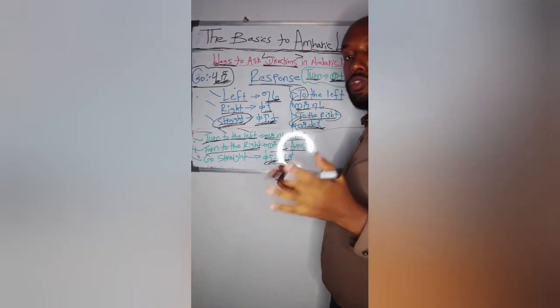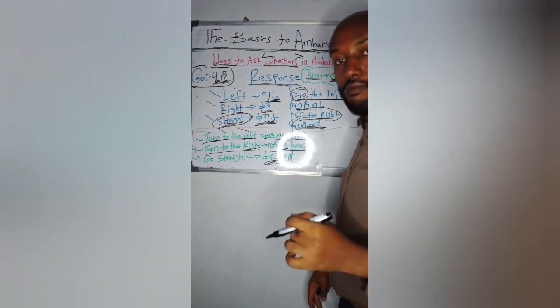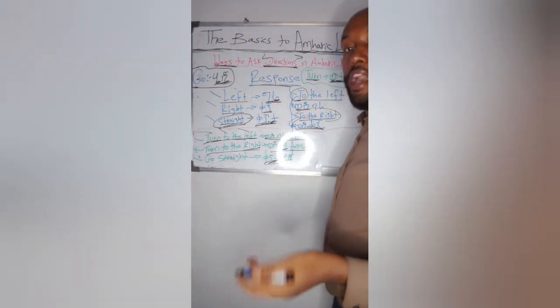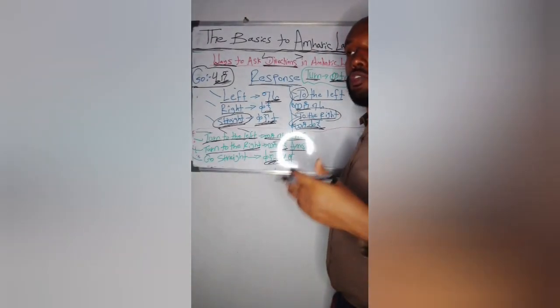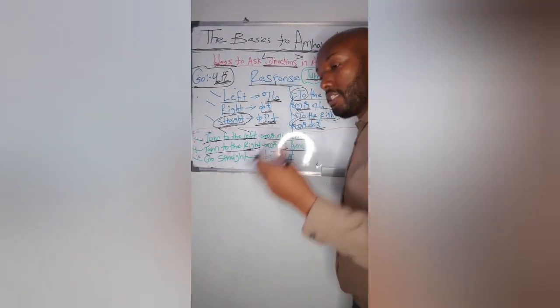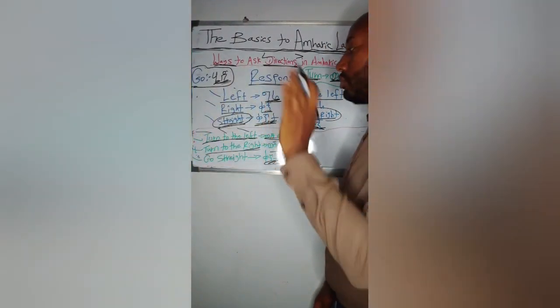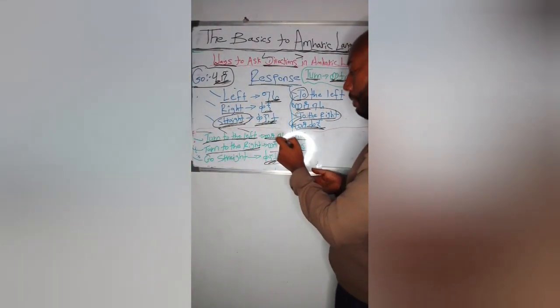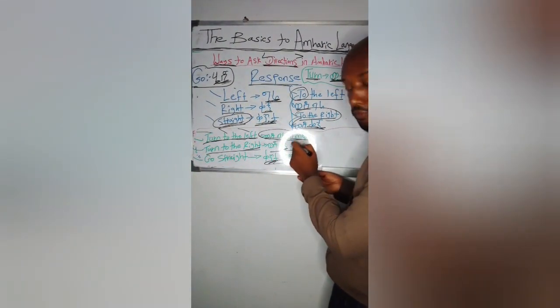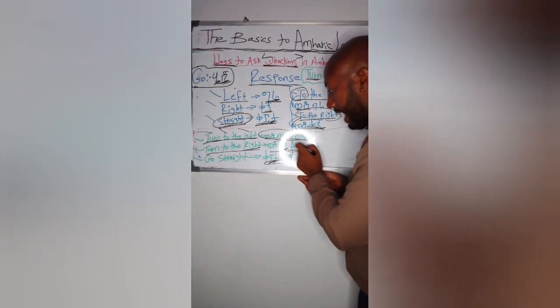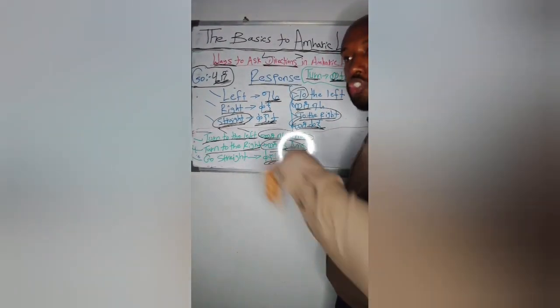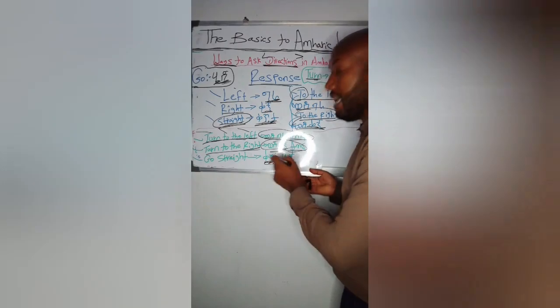So either one of the three options might be available. After we have asked the question in order to find some place, then we answer either turn to the left, turn to the right, or go straight. So turn to the left in Amharic ወደ ግራ ታጠፍ, turn to the right ወደ ቀኝ ታጠፍ, go straight ቀጥታ ሂድ.